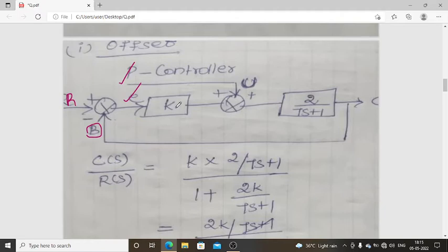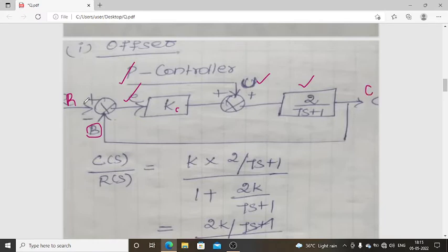K or Kc is the transfer function for the P controller. Capital U is the disturbance or the load variable. Here the process transfer function is 2 by 7s plus 1. The controlled variable or output is C.